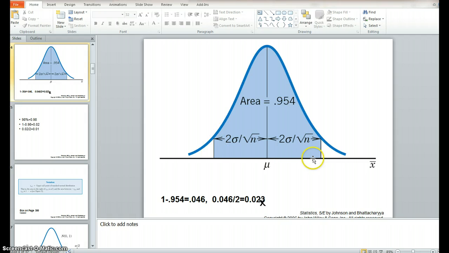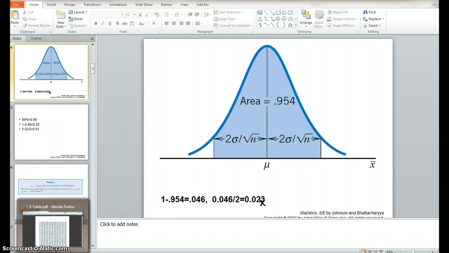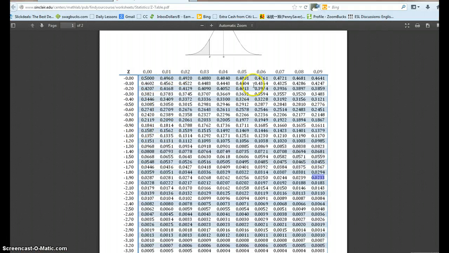Again, this is 0.98. 1 minus that, you get these two little pieces, and divided by 2, you get this little piece. I can use 0.01 to look into the table. Okay, let's see the table here. 0.01. Go down. It's right here.